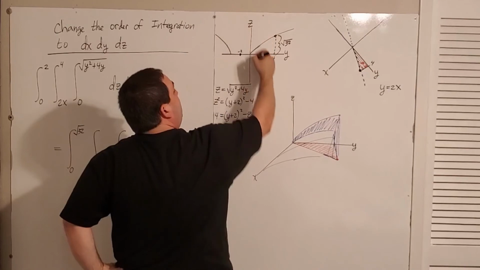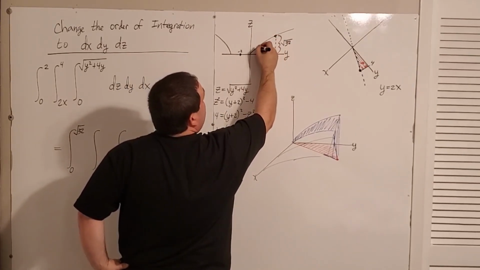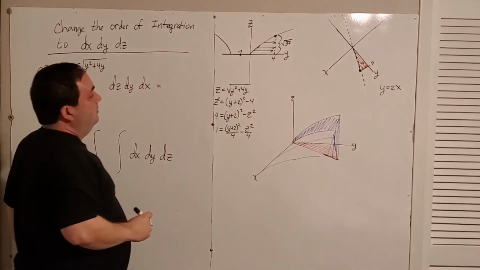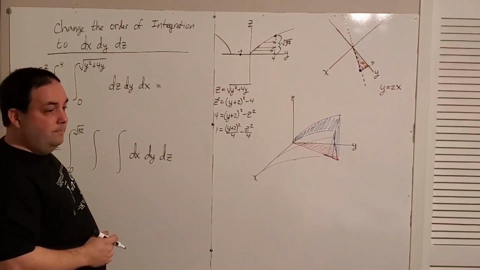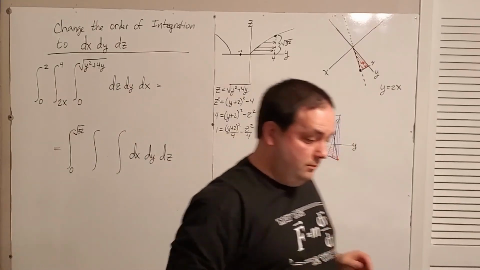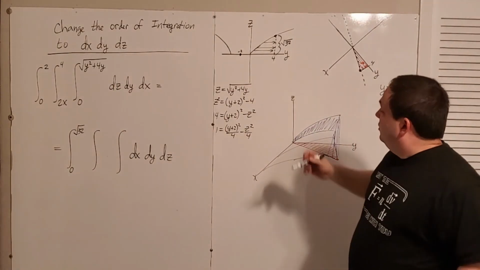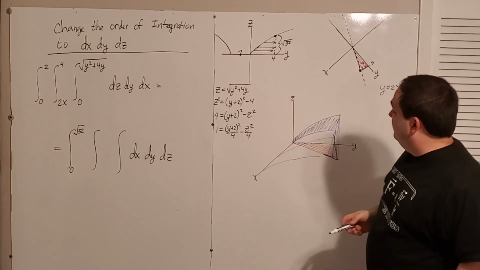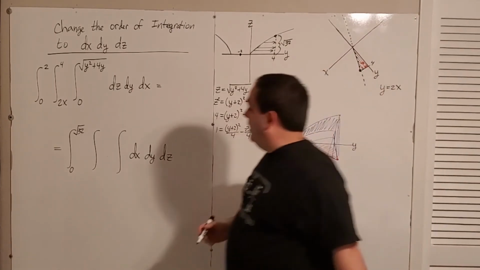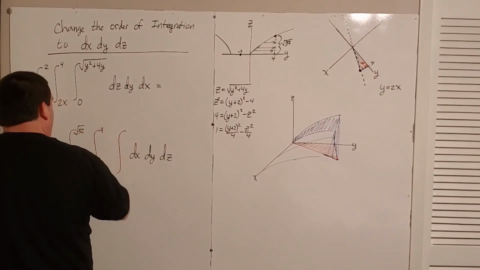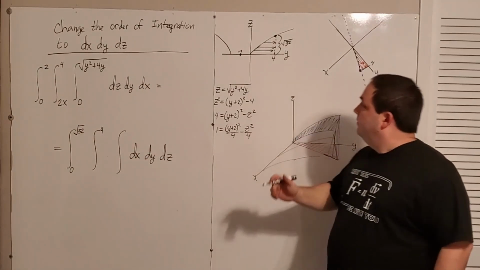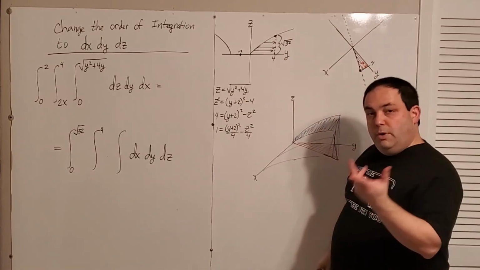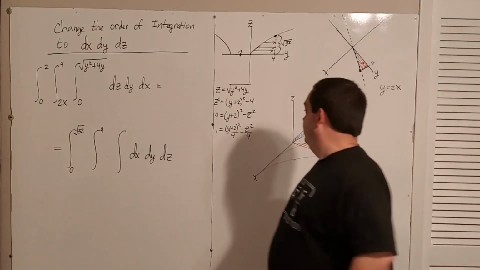I'm going to be integrating the y's sort of like this, from this way to that way. So that means I have to go from the z-dependent curve here up to y equals 4. So I know my top limit on y, 4, and then I'm integrating this way. So I have to have this curve, but written in the opposite dependence.